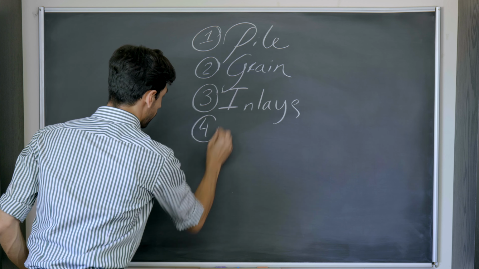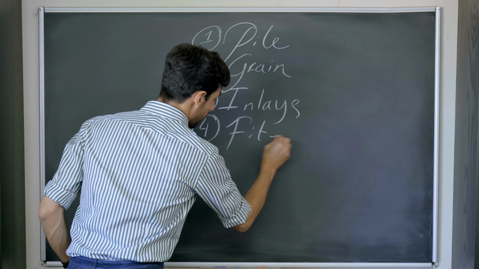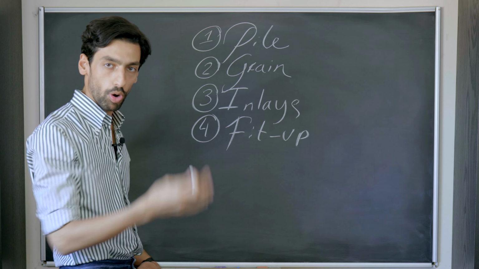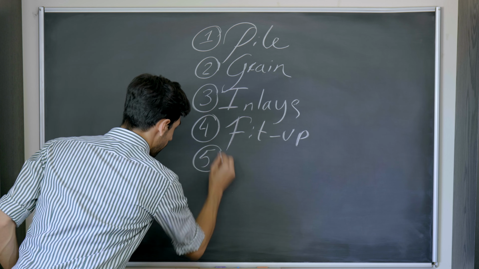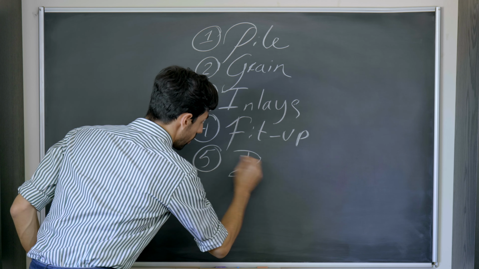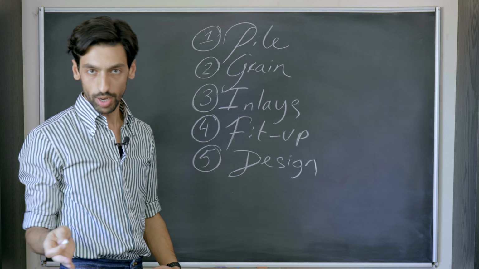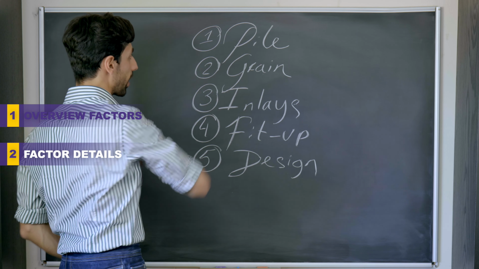Then we have factor number 4, and that's going to be fit up, and this is going to be the extra fabric that we need to make the pockets, the collars, and things like that. And then the last factor, factor number 5, is going to be design. Is your fabric a stripe, a check, or a plain? So let's begin with the first factor called pile.